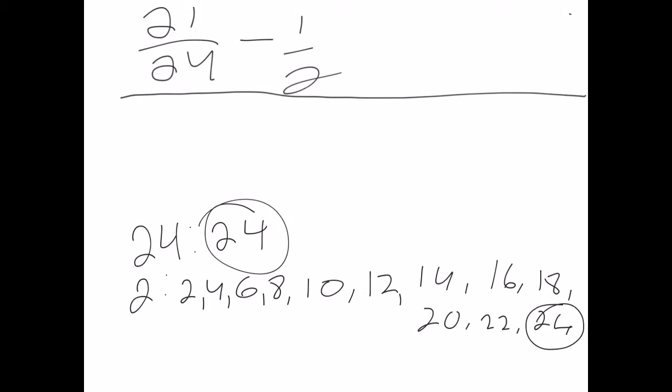Now, since you have that, you have to multiply. So 21/21 is going to stay the same, but 1/2 has to change.